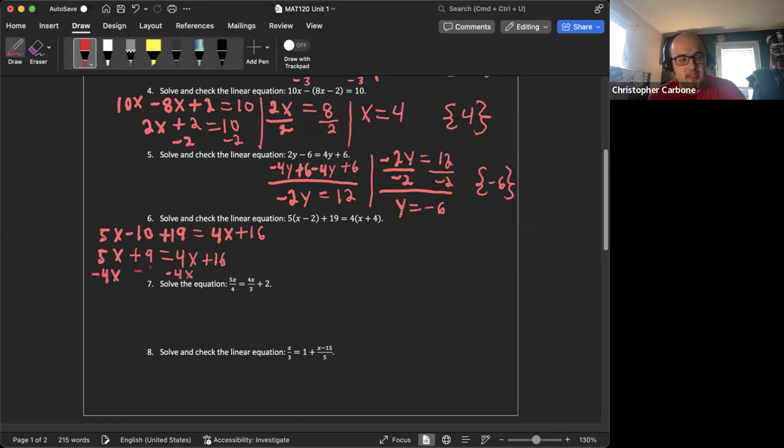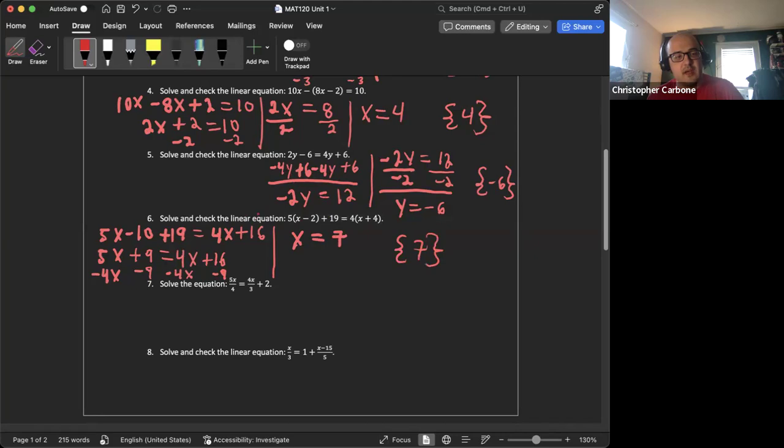I'm also going to subtract 9 as well. So that is going to make just positive 1x is equal to 16 minus 9, so 7. Again, as a set with that 7 in there.